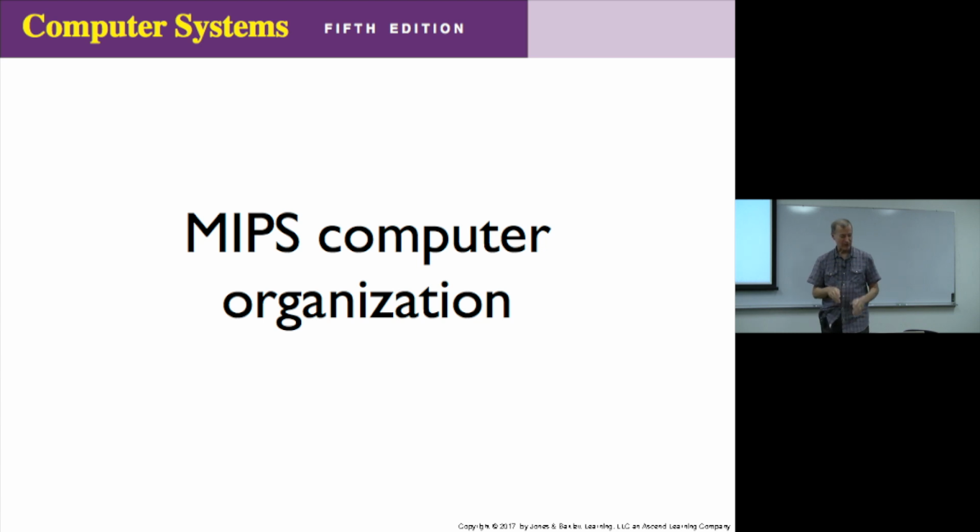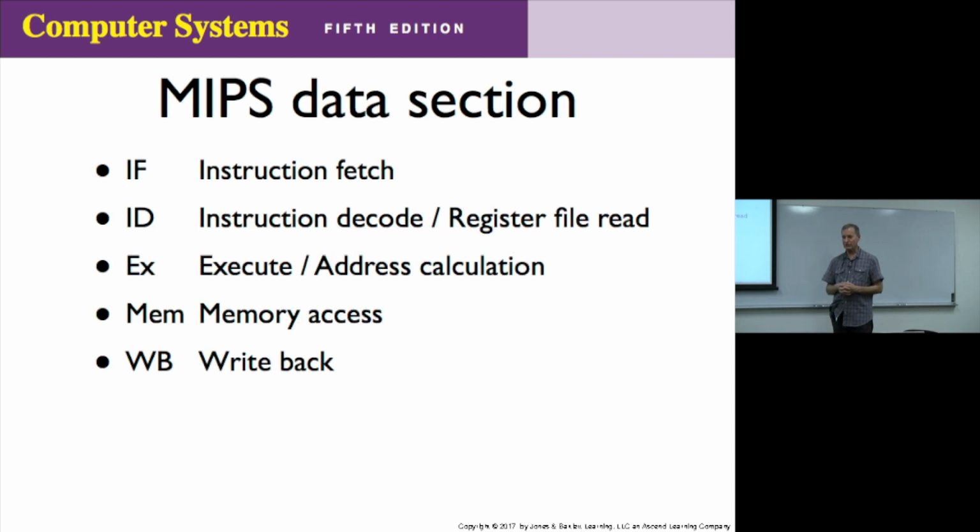Now, before we actually take a look at the picture of the MIPS CPU organization, let's summarize. It's divided into five distinct parts. There is the instruction fetch part, which is abbreviated IF.